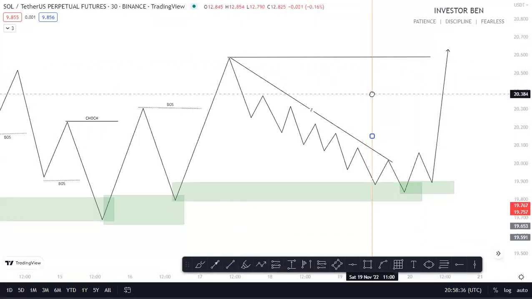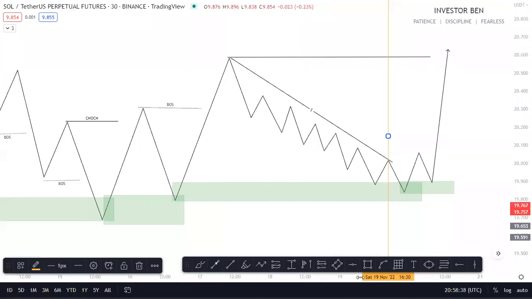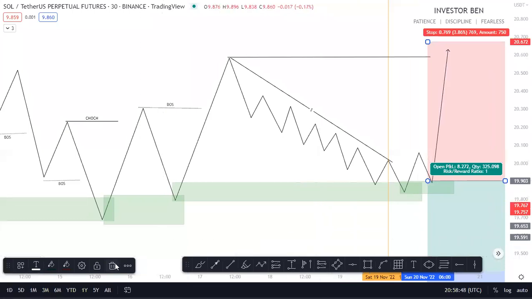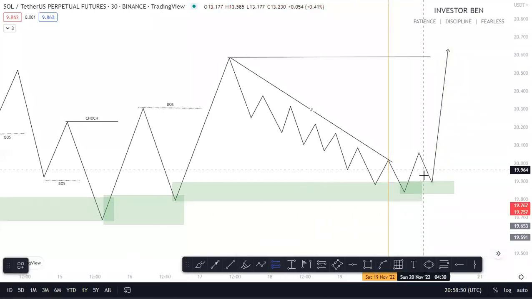Let me ask a question. Why would you set your TP at this high? Let's say you are taking this trade from this zone. Why would you set your TP at this high here? What makes you think that high is the next zone price will go to? Why would you set your TP there?